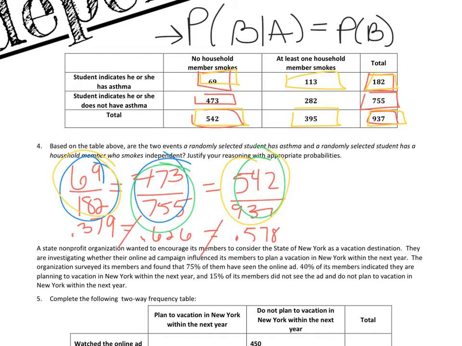They're not going to be equal, just because I know that these weren't equal, so therefore these events are dependent. So knowing whether a person smokes in the house does affect whether or not a child has asthma. So that's the whole independence key, is whether or not an event happening first affects the event happening second. So that is the case here.